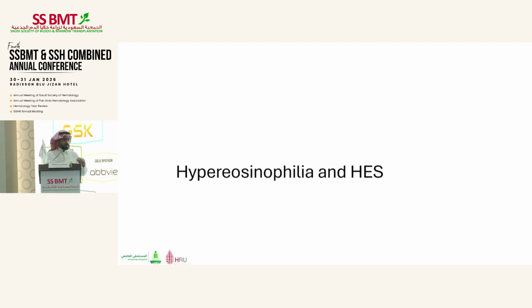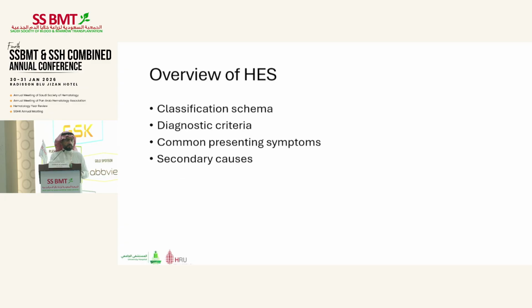But to label someone as having hypereosinophilic syndrome, you don't just need to rule out the secondary causes, but also other primary malignant hematological disorders that have an association with hypereosinophilia. We're going to touch slowly on the classification scheme, the diagnostic criteria, the presenting symptoms and the secondary causes later on.